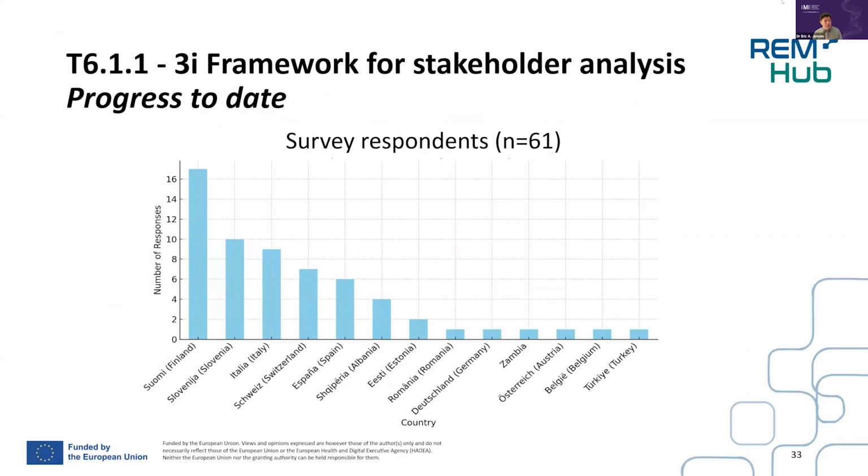Okay, so now I'd like to show just an example of what this looks like. This is a project that we're doing right now. It's called REM Hub, Rare Earth Minerals Hub. It's an EU funded project where we're aiming to promote sustainable rare earth minerals through recycling of rare earth minerals in the value chain.